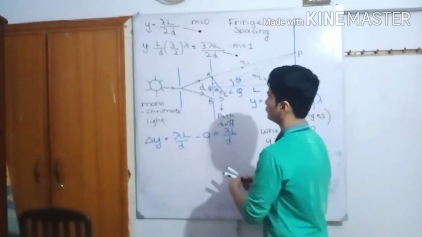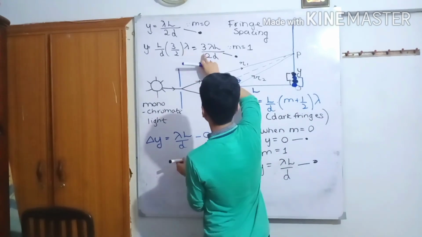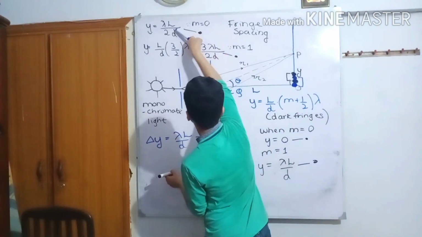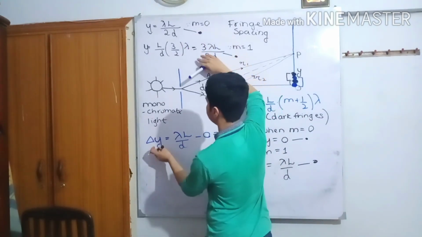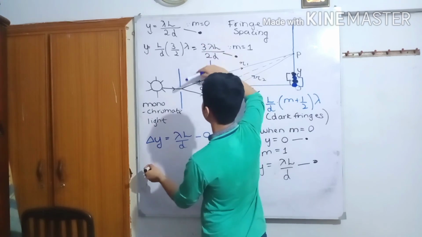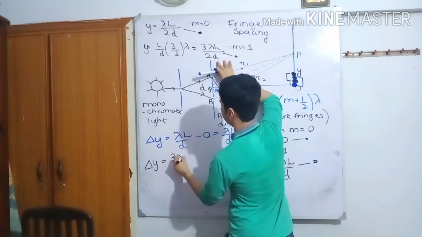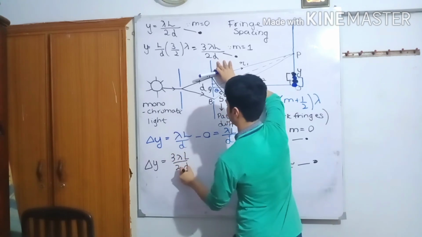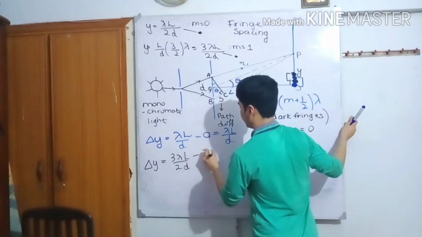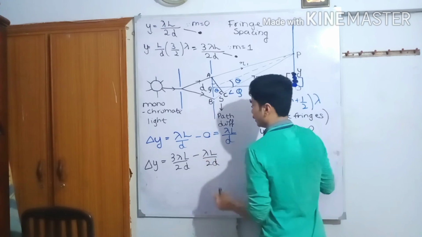This is the same distance for dark fringes. Let's prove it. This is the first dark fringe, this is the second dark fringe, and the distance between two dark fringes is delta y equals 3 lambda L divided by 2D minus lambda L divided by 2D.